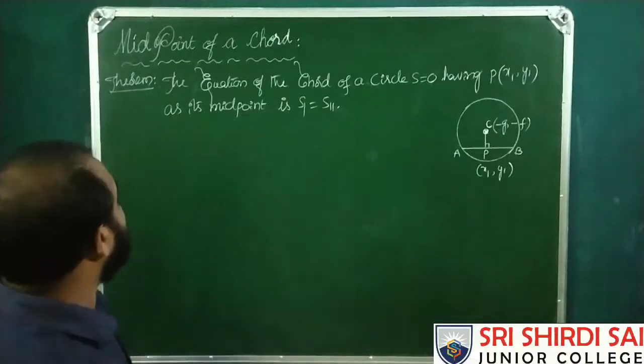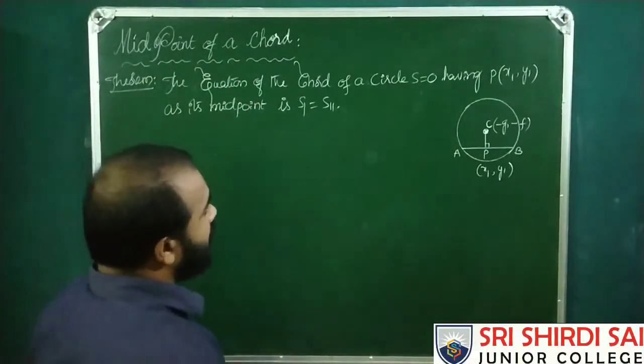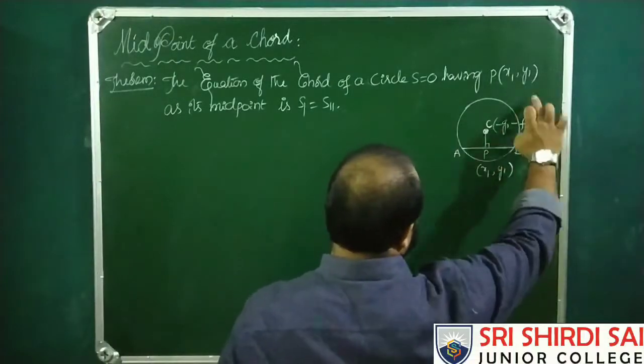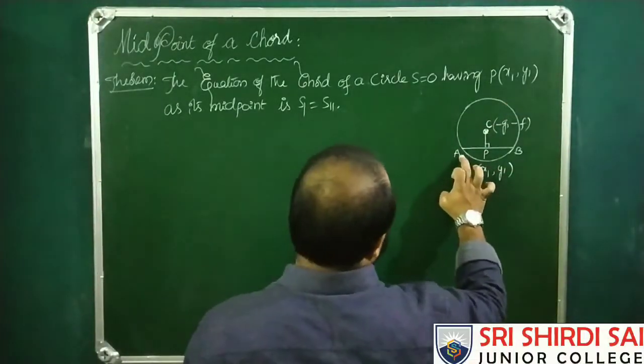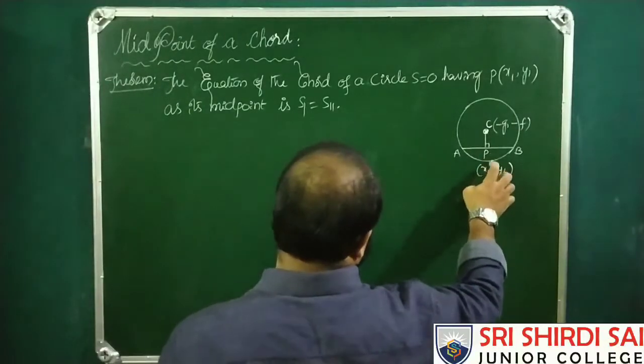Now the next theorem is the midpoint of a chord. Let S equals 0 be the circle. Let AB be the chord, and the point P (x1, y1) is given.